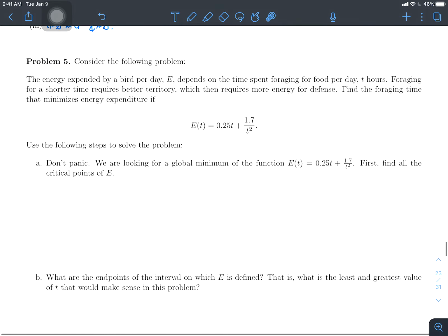Okay, and I check for the critical points, right? The critical points are, well, I set this equation equal to 0.